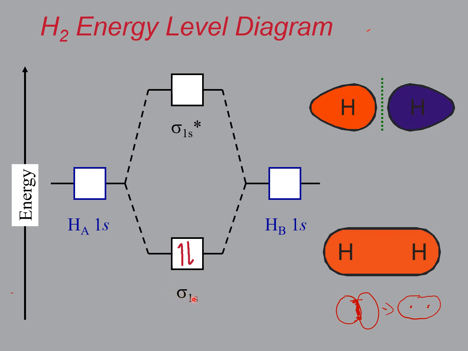So this is called a sigma type molecular orbital. This one you would see a circle too. You would not see a node going out radially anywhere here. And the star indicates that it's an anti-bonding state, and the lack of star here indicates that this one is a bonding state.